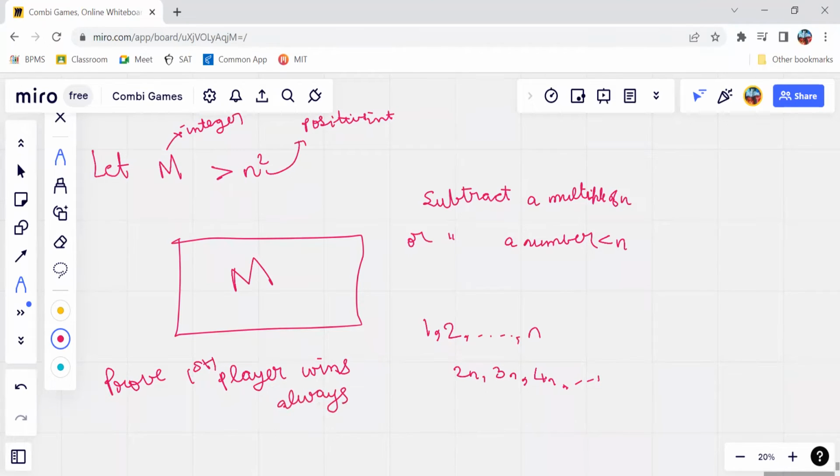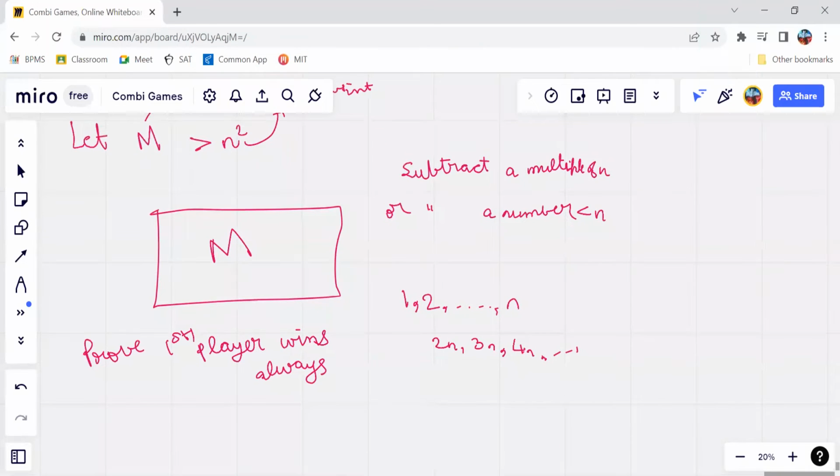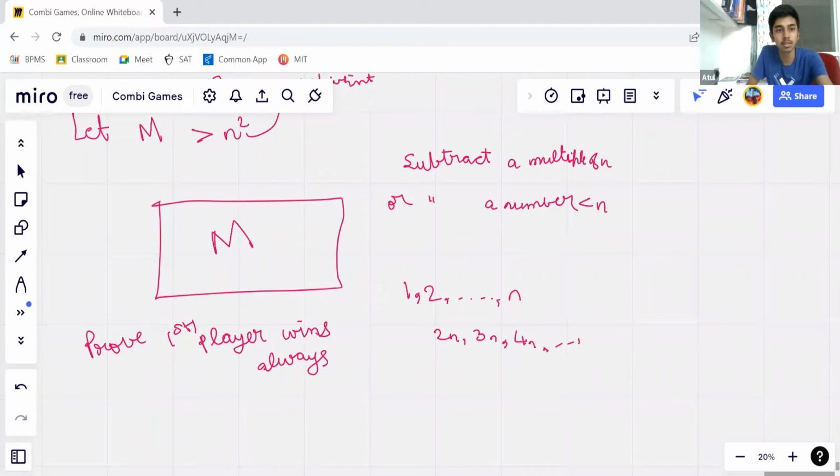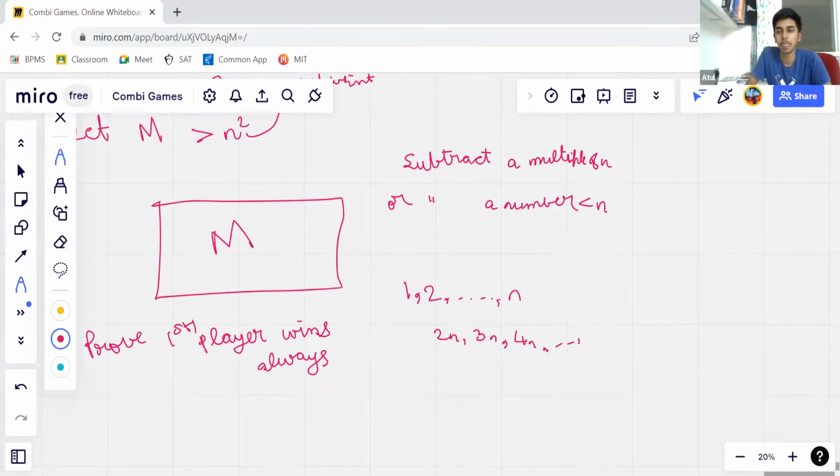I think I have a good scammy proof, but I don't know if it would work or not. Go on. Consider, for the sake of contradiction, that the second player wins. Then the second player can take any number and subtract it from m and get some number k.